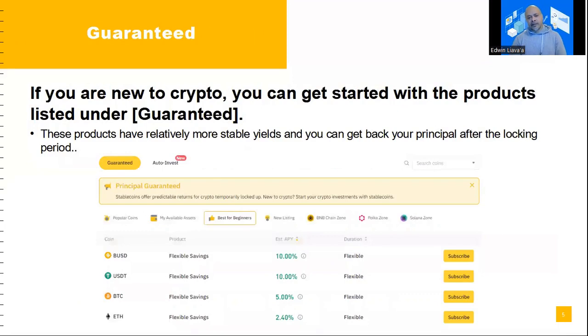So what is guaranteed? If you're new to crypto, you can start with these products listed under guaranteed. You can see on the screen, these products have relatively more stable yields or are stable coins, and you can't lose your principal after locking for a certain period. So you can see for Binance USD, you have 10% annual percentage yield.